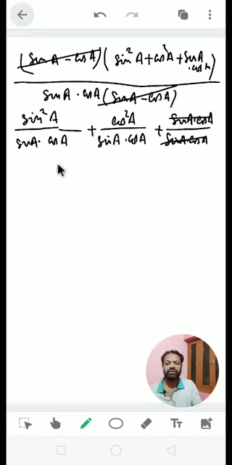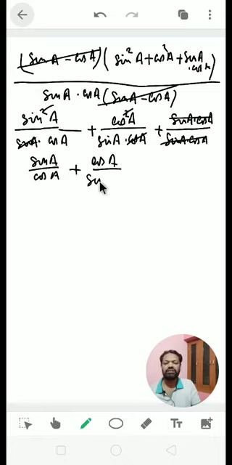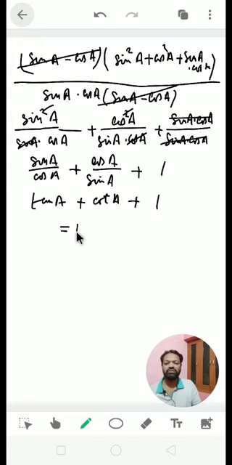So if we cancel these, we are getting the answer. This is sine a by cos a, right, plus cos a by sine a plus 1. So we get tan a plus cot a plus 1, that is equal to RHS. Hope this answered the question.